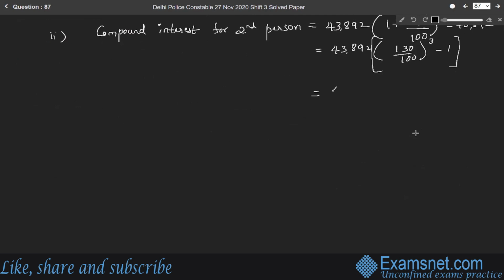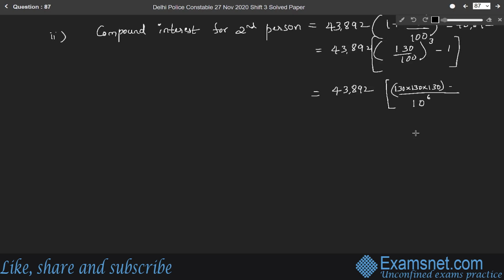Here 43,892 into, so 130 into 130 into 130 whole divided by 100, right? So you will get minus 1. So the compound interest becomes, can write it. So 10 to the power of 6. And in the numerator, it is 130 into 130 into 130, right?